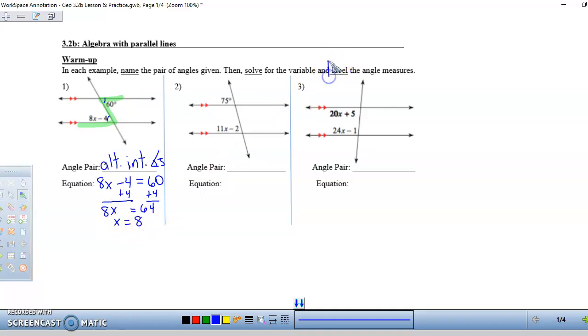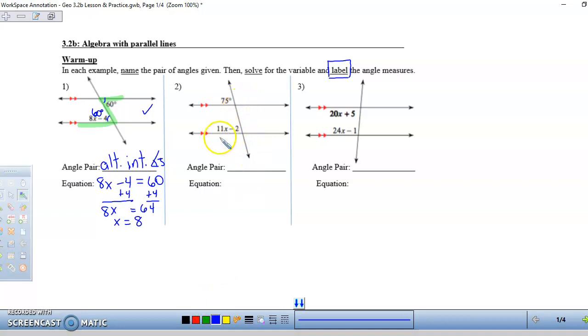Last thing you should always do, we've talked about this every time, is label the angle or plug this x back into the picture. So 60 degrees is still 60 degrees. You plug in the 8 here, and you get 8 times 8 is 64, minus the 4 is also 60 degrees. That's a good way to check to make sure that you've done this correctly.